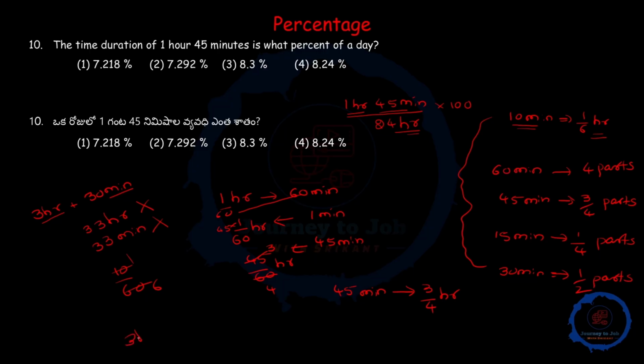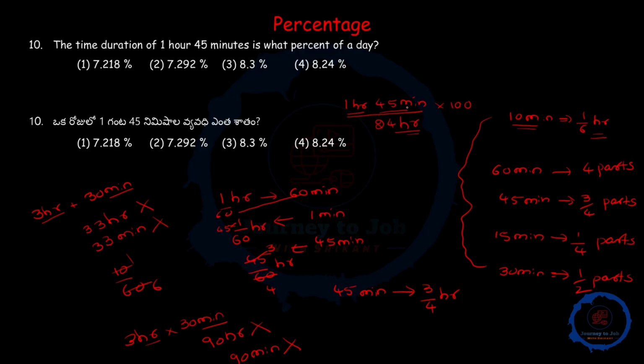Similarly, 3 hour into 30 minute means 90 hour, wrong answer. 90 minutes also wrong answer, because these two are not the same units. This is a different unit, this is a different unit, so you cannot multiply. Similarly, you cannot divide also.